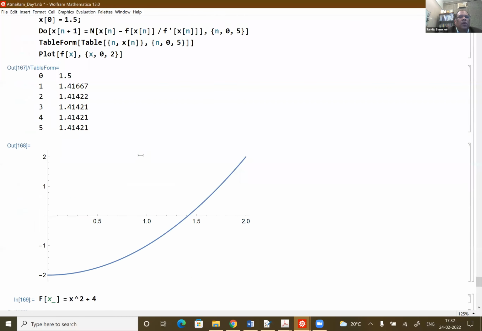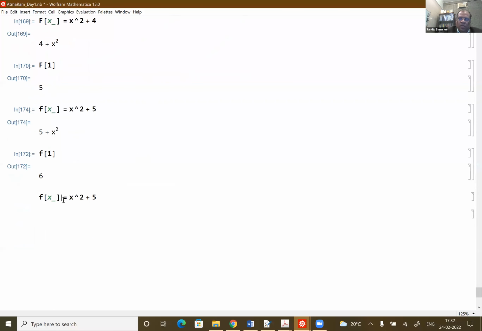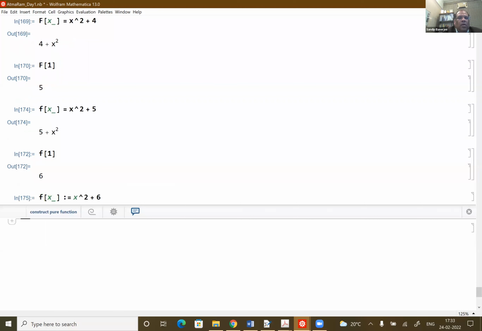Yeah, so this gives me an output of 5 plus x square.